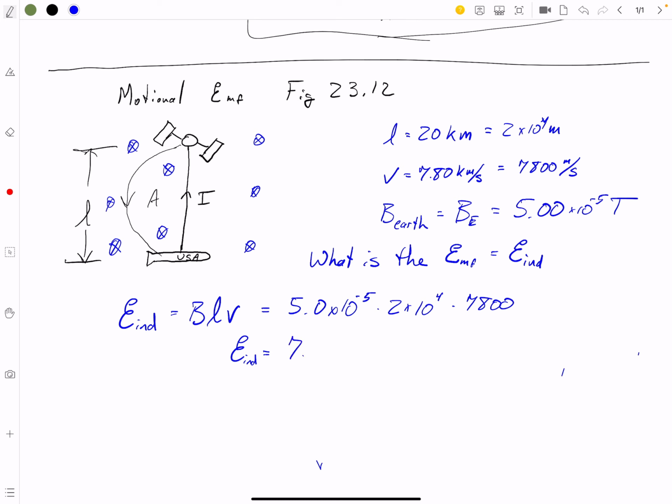That is 7.8 kilovolts. Okay, so that does it.